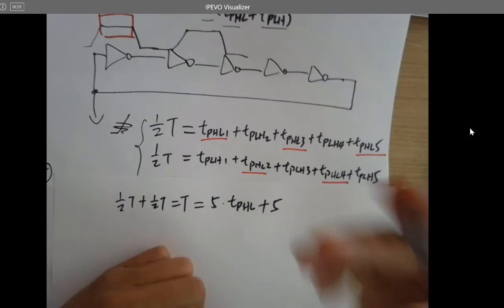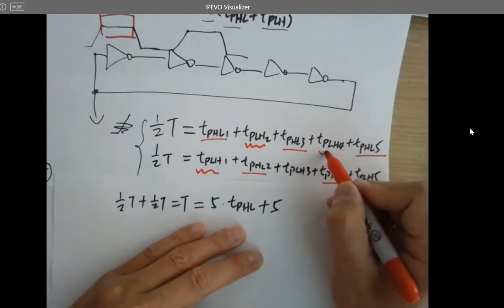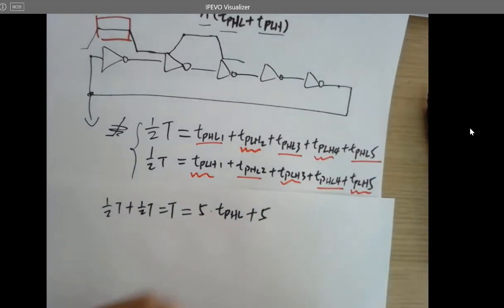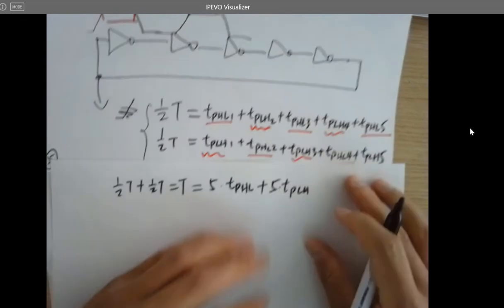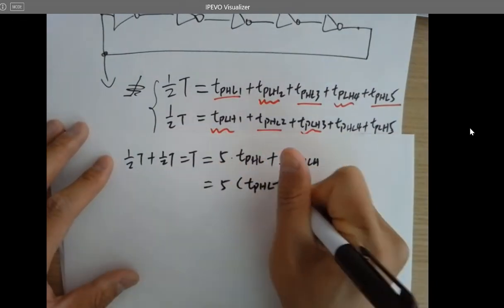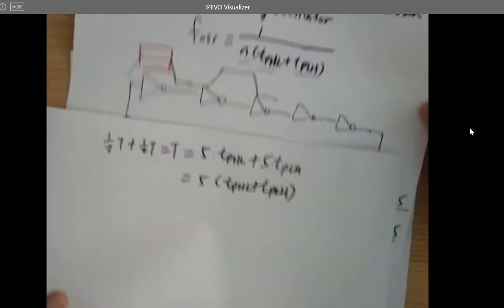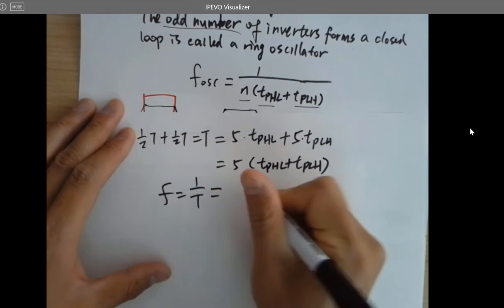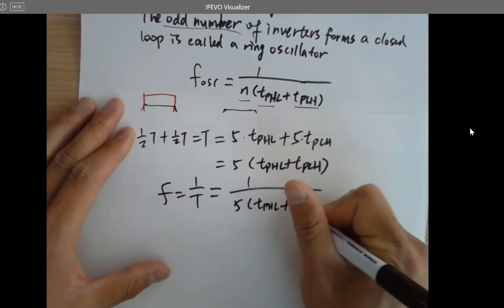How many LHs? TPLHs. 5. Five is N. So that's why F equals 1 over T, which is 1 over 5 TPHL plus TPLH.